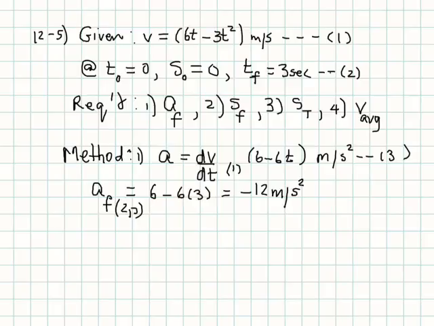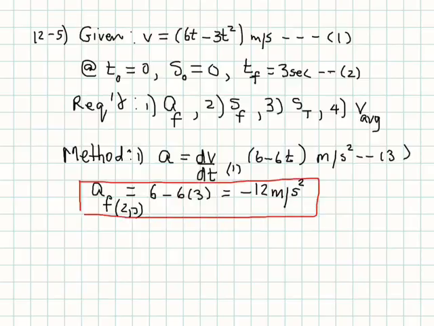You note that this final acceleration is a negative quantity, and therefore it is a deceleration. That's what they're talking about when they said it is a deceleration. I'll call this equation number 4.